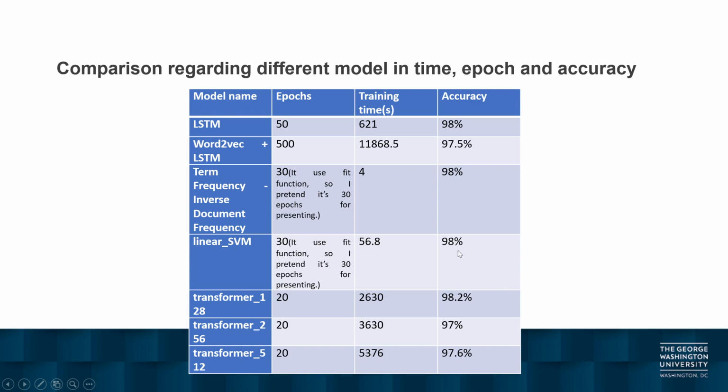And I also compare my models with the other models like long short-term memory, bidirectional long short-term memory, term frequency inverse document frequency, and linear SVM in the aspect of epochs, training times, and accuracy.